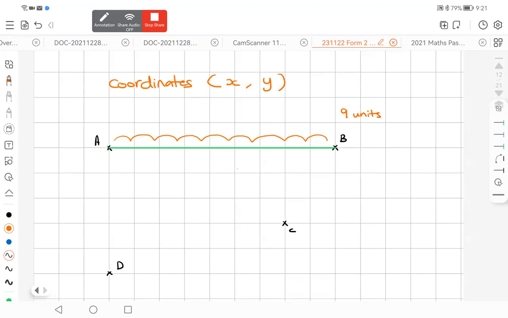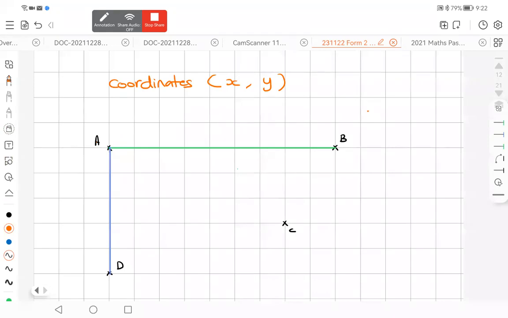For coordinates, we specifically mention distance. Sometimes you will say length, but most precisely it will be the distance of AB. If it's a vertical line from A to D, we also just count 1, 2, 3, 4, 5. So 5 units.